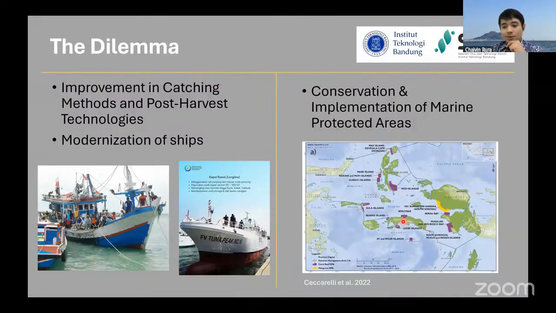So it's a dilemma where we want to conserve a certain area, but sadly the local people who live there and depend on that location aren't allowed to fish or catch anything that they rely on as a source of income and food. So it's a very tricky situation. Which one should we prioritize? There's no clear answer.